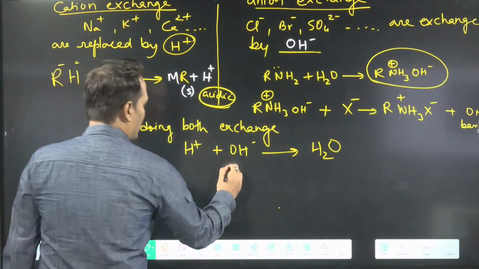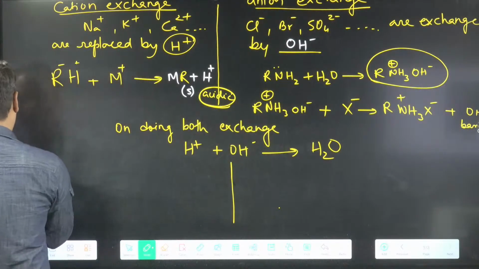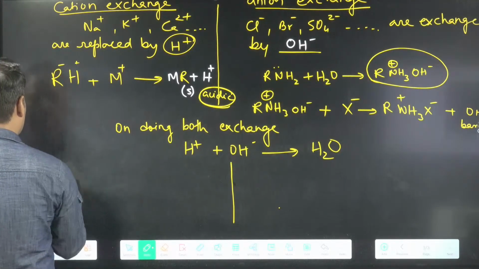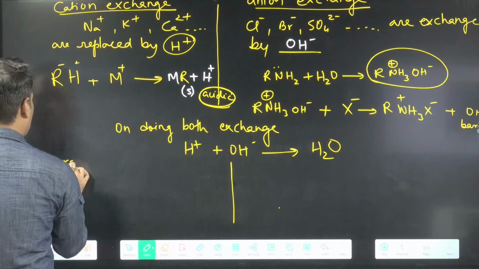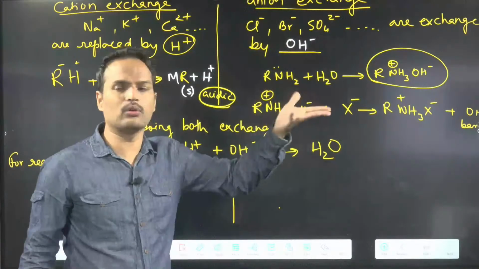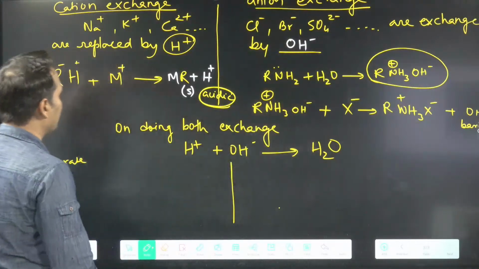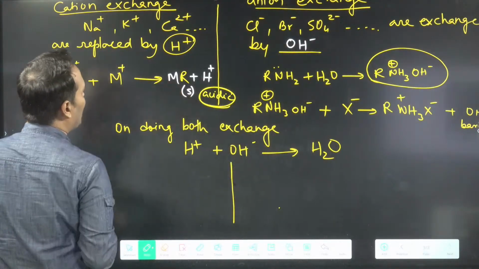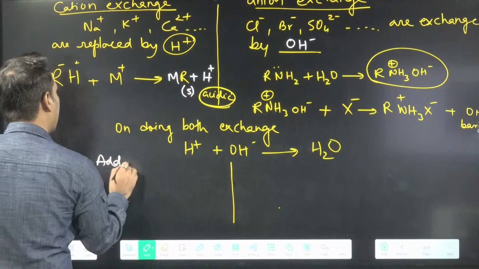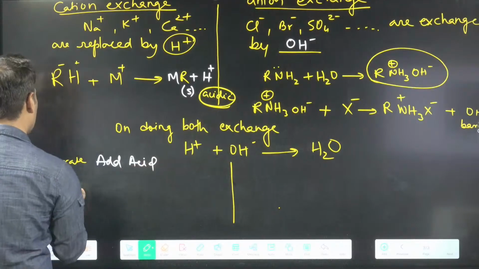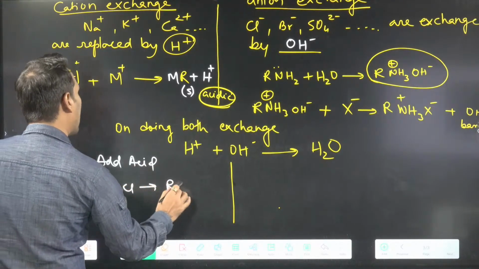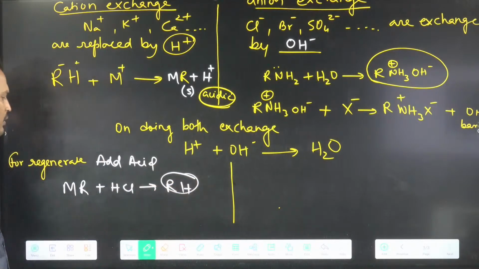For regeneration, I want to regenerate my weapons. Who were my weapons? RH. Here ammonium salt. I want to regenerate it. How will I regenerate? To regenerate, add acid. So suppose you are having Mr, you add acid in it. What will you get? RH. I am interested only in this, so I am writing only this.